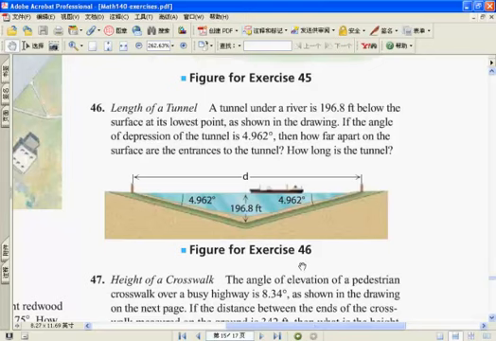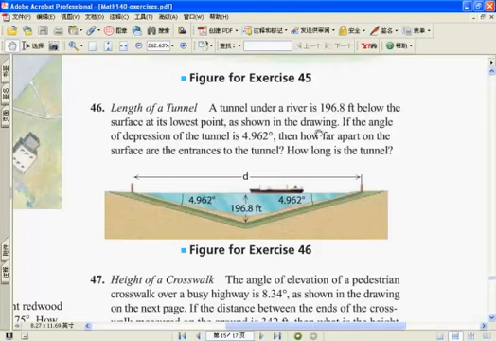Now, let's look at one more exercise. Let's look at number 46 on the same page. And in this problem, we have a tunnel. A tunnel on a river is 196.8 feet below the surface at its lowest point. So this is the lowest point, and this length is 196.8 feet.